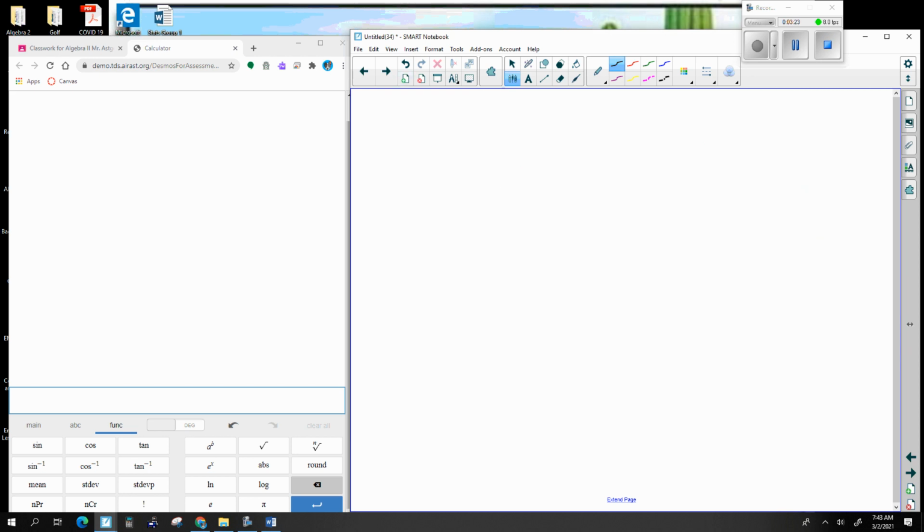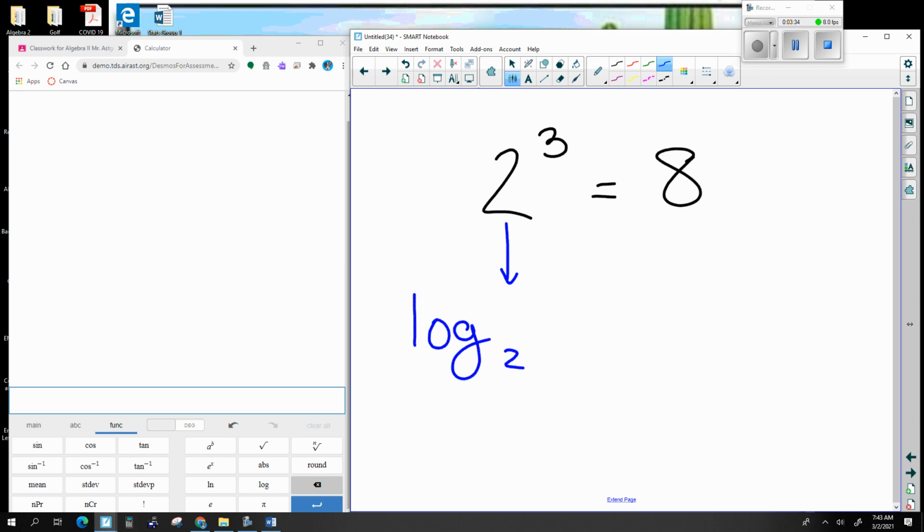Let me write a different example. 2 to the third power is equal to 8. Again, this is the base, so this is going to be log base 2. It's a little 2. Everything switches sides. So the 8 comes to the left and the 3 goes to the right.